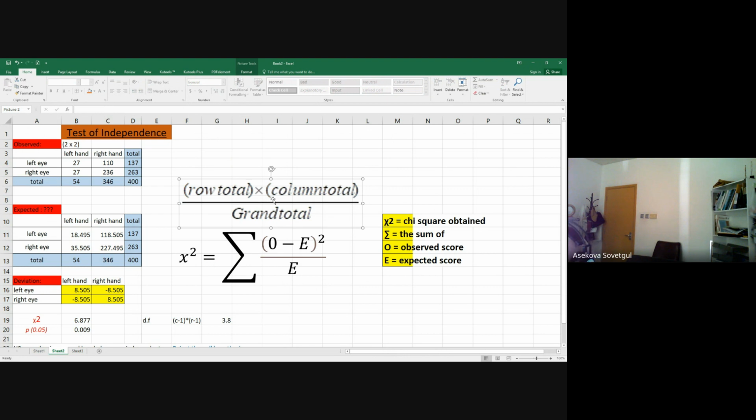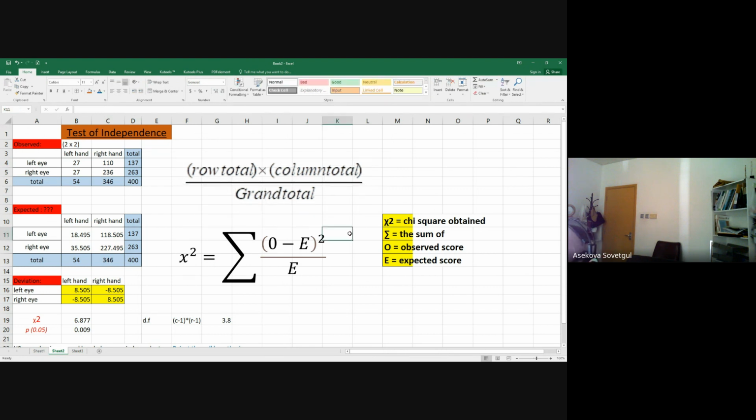Using this formula helps us do it step by step, and finally we can use the actual chi-square formula. That is why Excel cannot do it for us, because we still need to understand our data and decide whether we want a goodness of fit test or a test of independence. I don't know why they didn't include the two categories, like one-way ANOVA and two-way ANOVA.